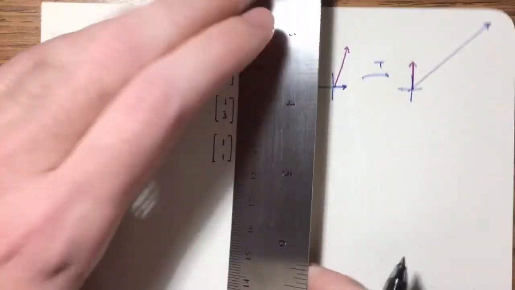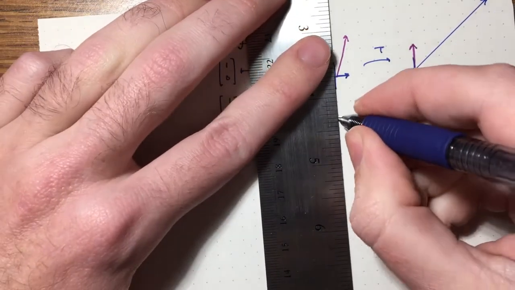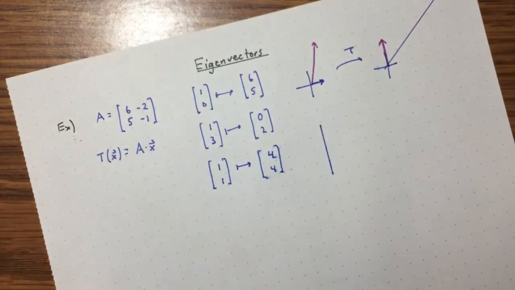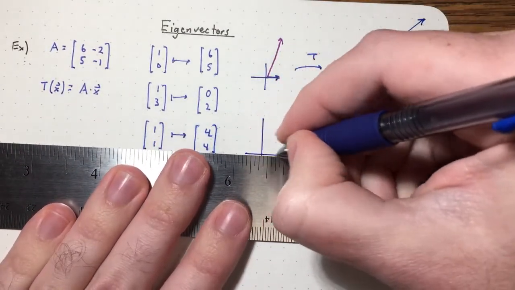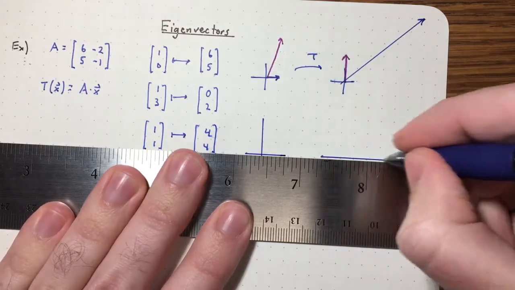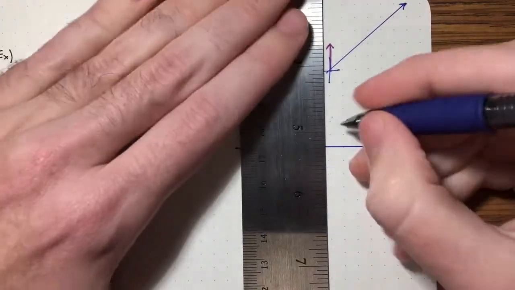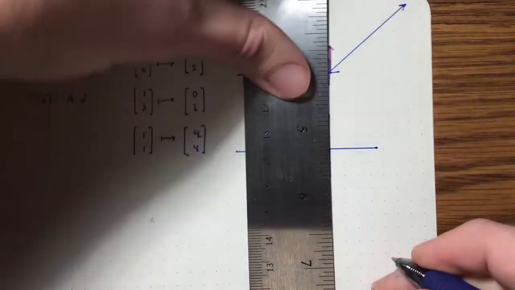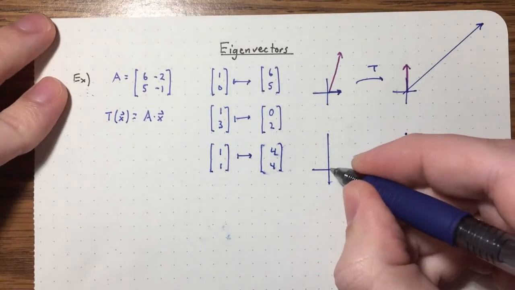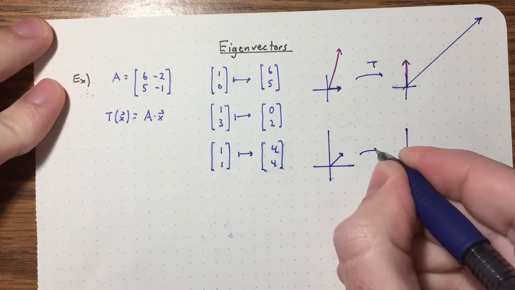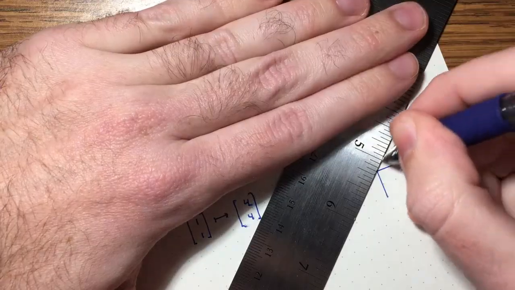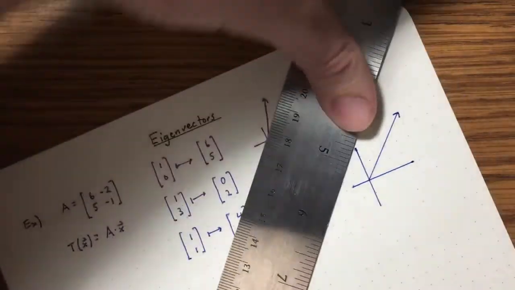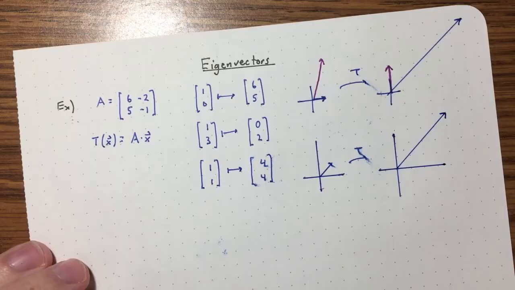Now this is interesting, because, let me again draw my transformation. What's happening to 1, 1? After I apply my transformation, it's pointing in the same direction that it was before, but it's larger now. This is in the exact same direction it was before.